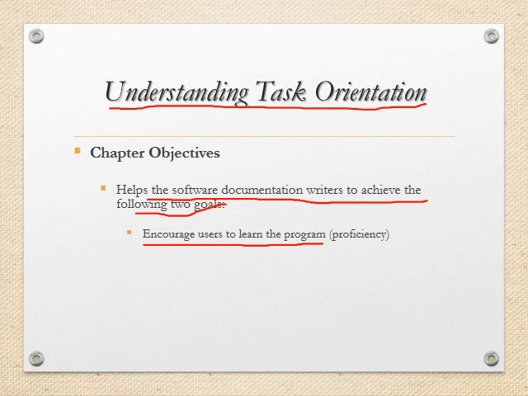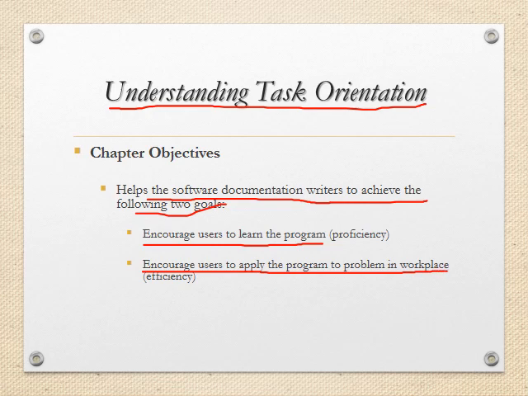In general, to make the program easy to use by the target user. The second goal is to encourage the users to apply the program to problems in their workplace, which is the efficiency. This means making the program usable and allowing the user to apply it in order to finish their tasks.